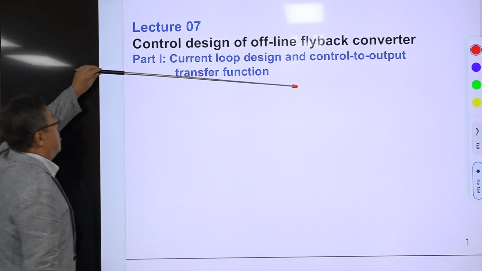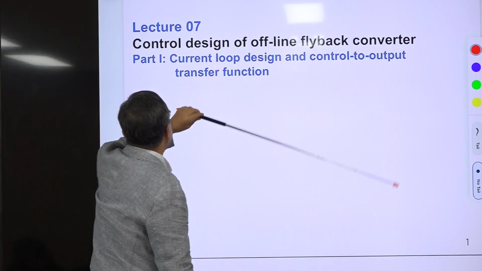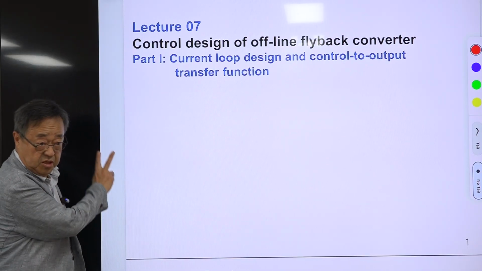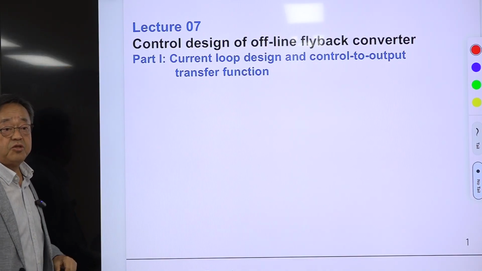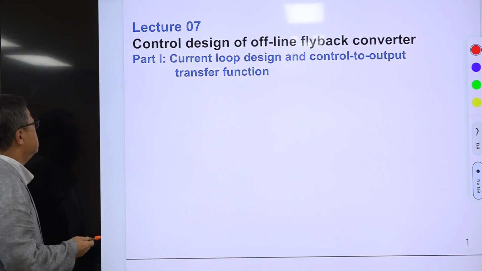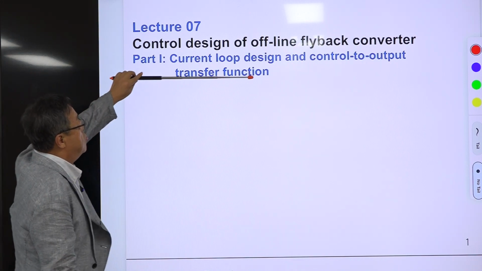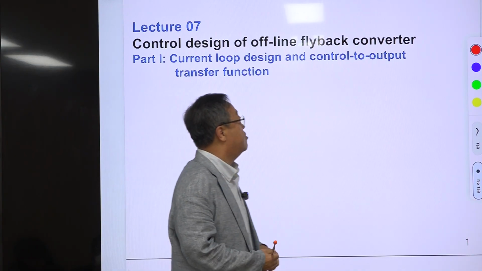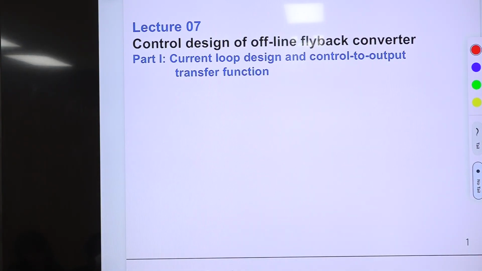Previously, the lecture title was Control Design of Offline Flyback Converter, and I divided this lecture into two parts. One is lecture 7 and the other one is lecture 8. Okay, because the topic can be long, so I divided it into two lectures. This lecture will cover current loop design and control to output transfer function evaluation with the current loop closed.